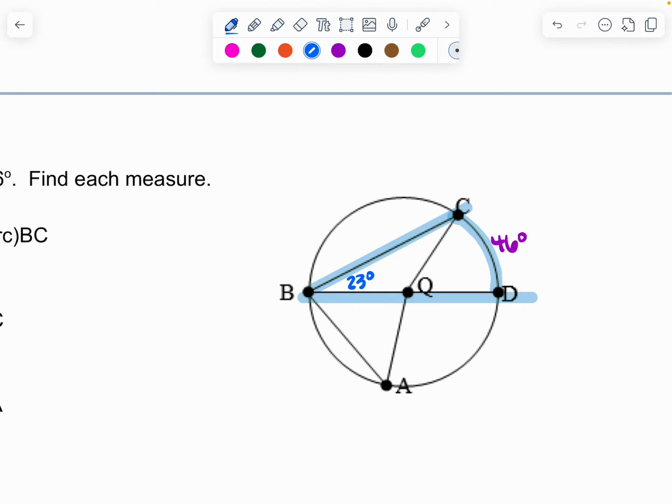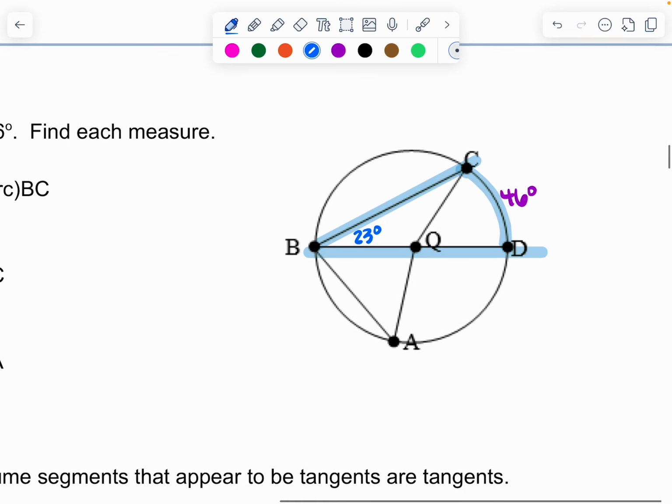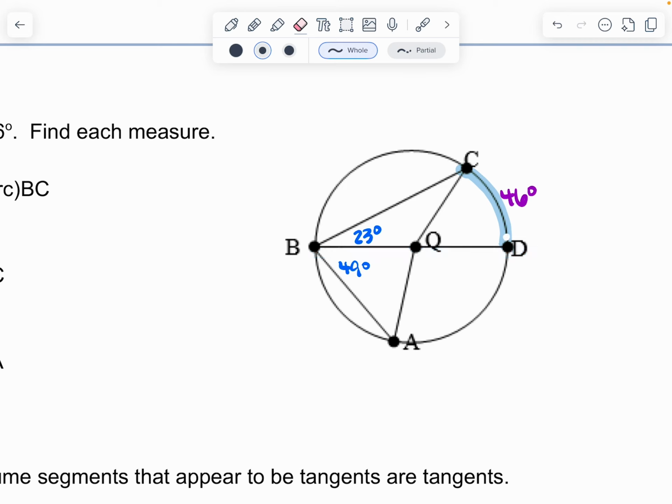Then I can just subtract the 23 from the 72 and figure out that the rest of this is 49 degrees. So that's the first thing I'm going to do, is know how the 72 is being split apart. And I can't go without saying that it's very clear that I have a diameter, and I need to make sure that I pick up on that.